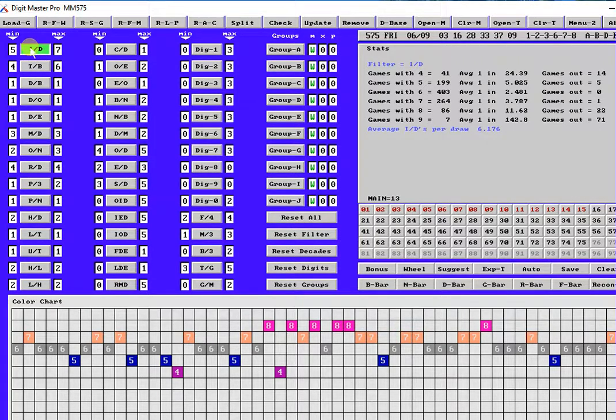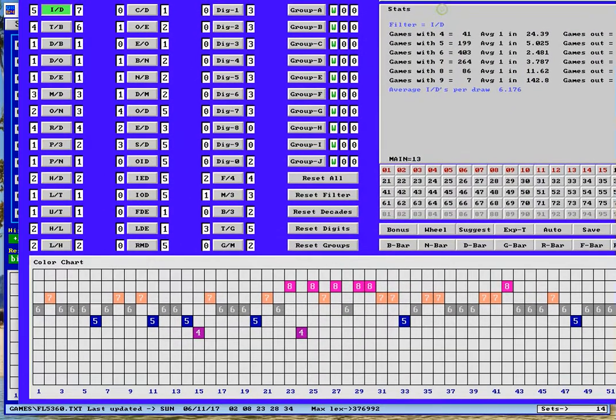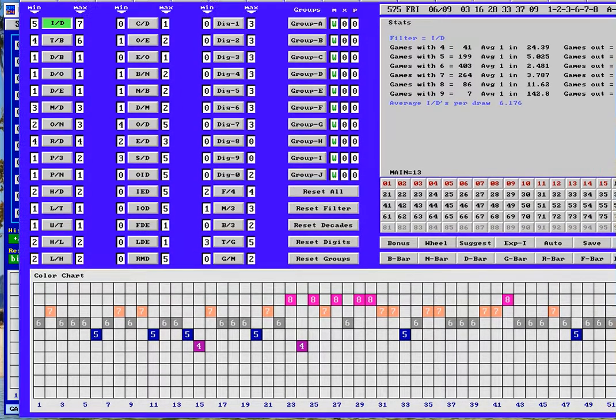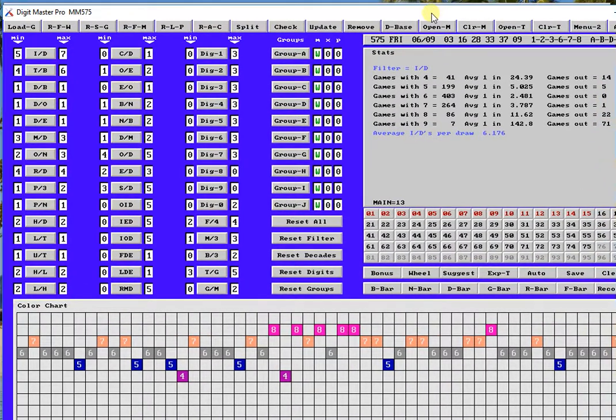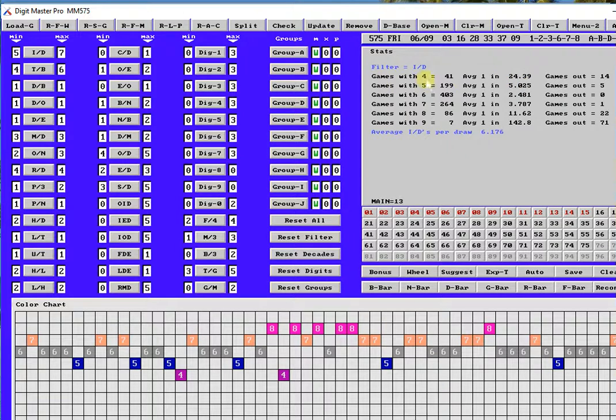But here I will look at, and I don't know why I don't have a bias on this, but it doesn't show me a bias for this particular one. And that's one reason why I've gotten used to, like the ID, which is independent digits. This is for the Mega Millions.